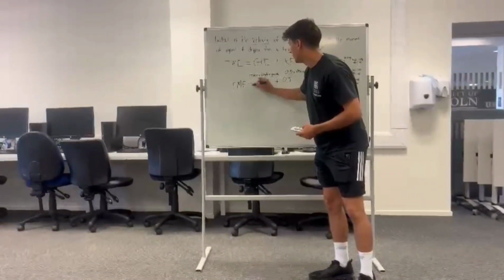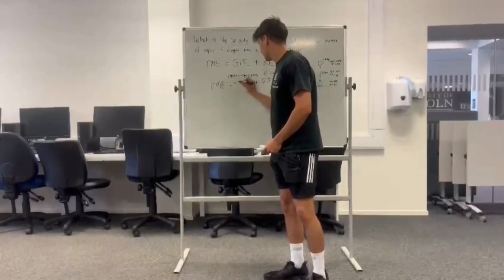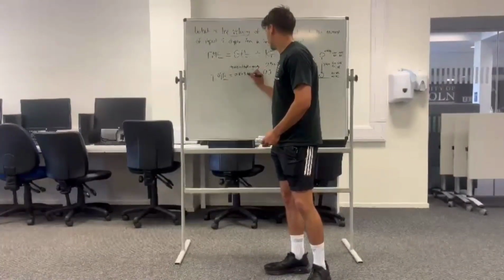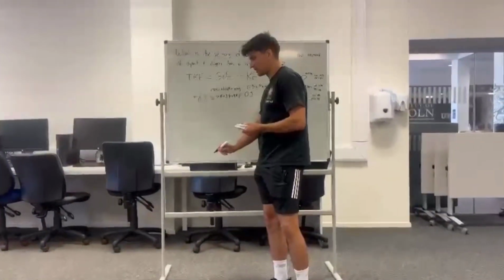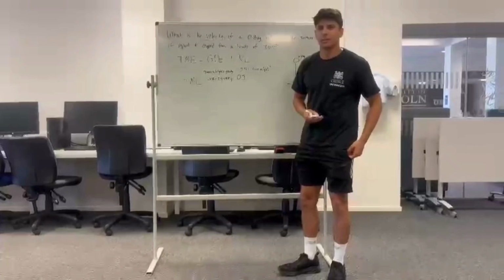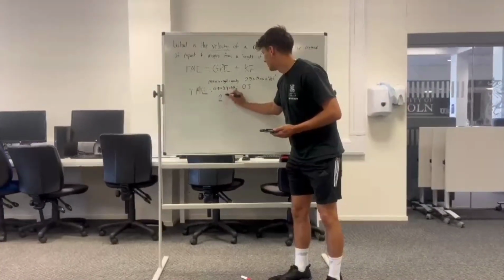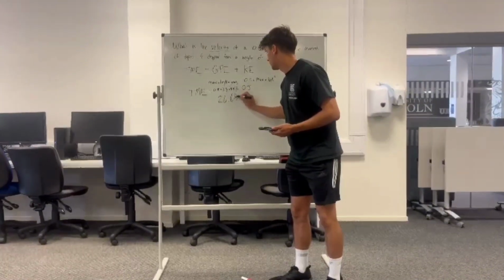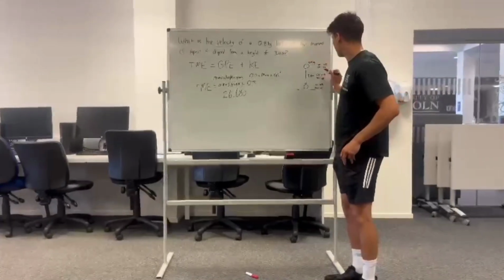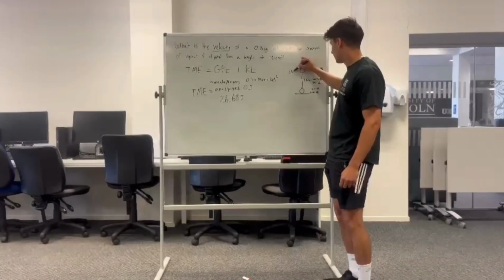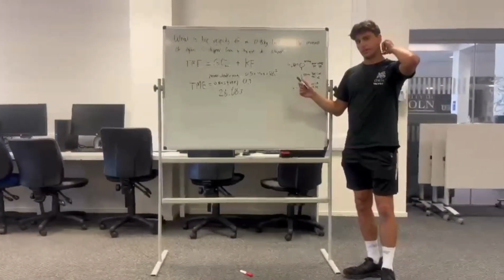So total mechanical energy equals mass 0.8 times a height of 3.4 meters times 9.81. I'm going to do that on the calculator. 26.68 joules. So total mechanical energy at the top is 26.68 joules of energy.